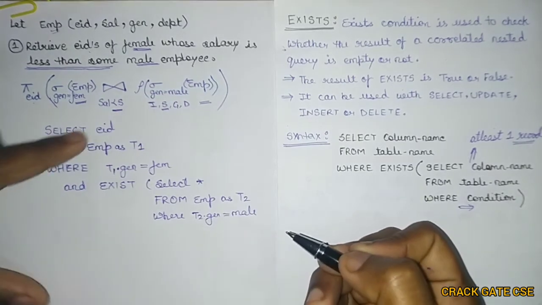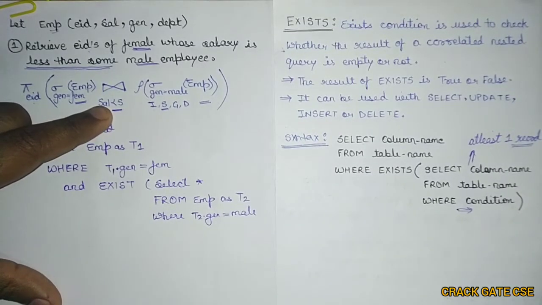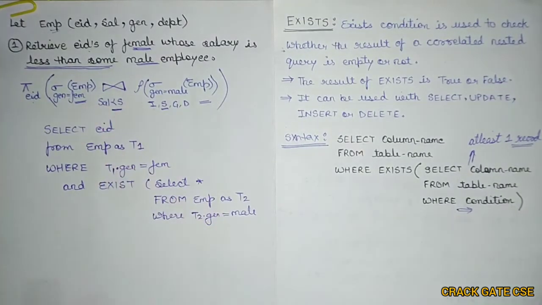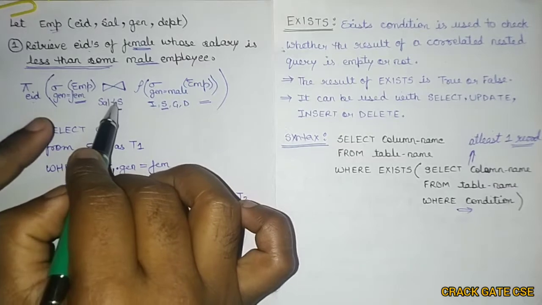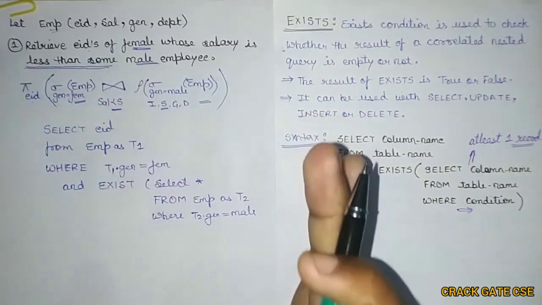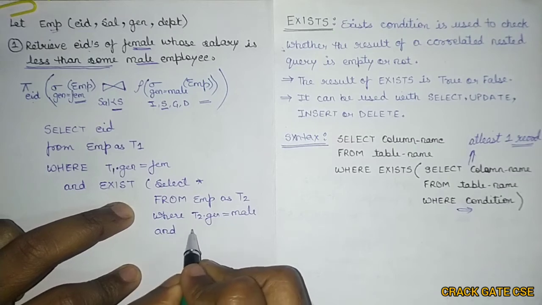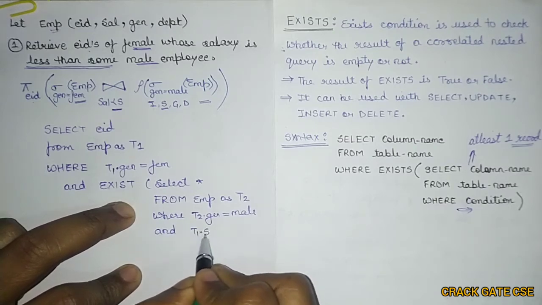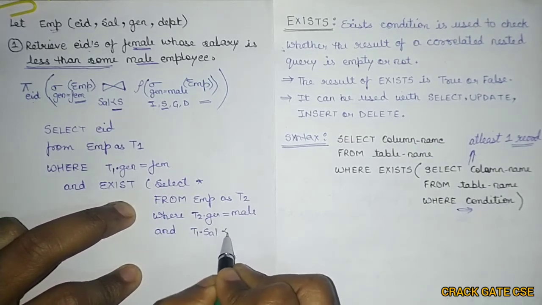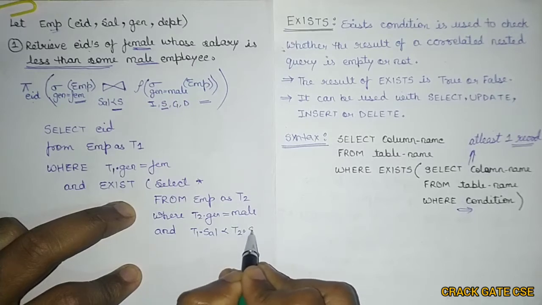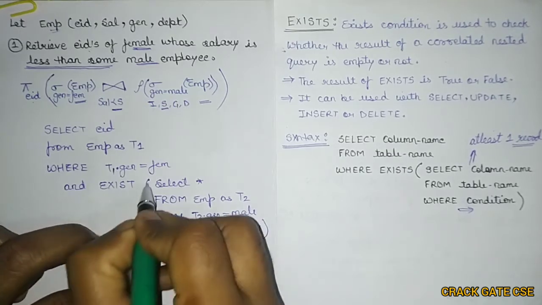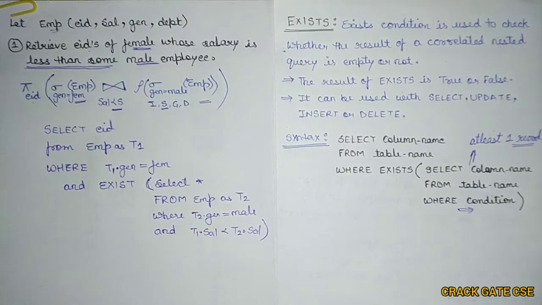Now what is the third thing? I have to satisfy this condition also. Whenever you are writing exist or not exist, we will satisfy the join condition in the inner query. How? T1 dot salary has to be less than T2 dot salary. Now you can see that all the conditions have been satisfied.